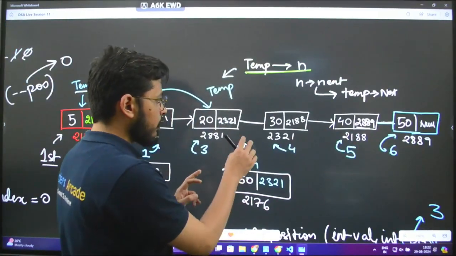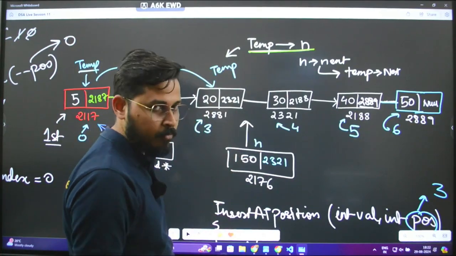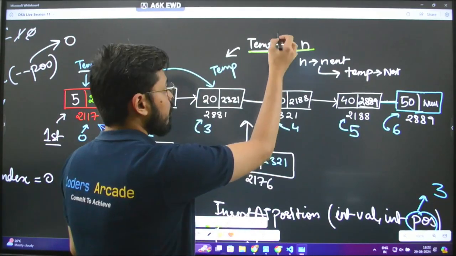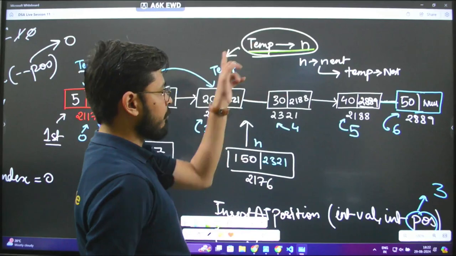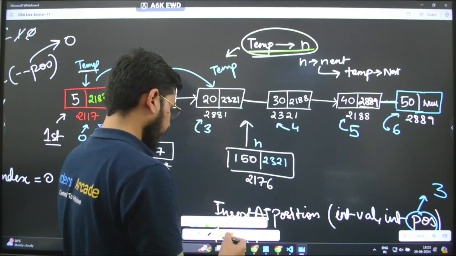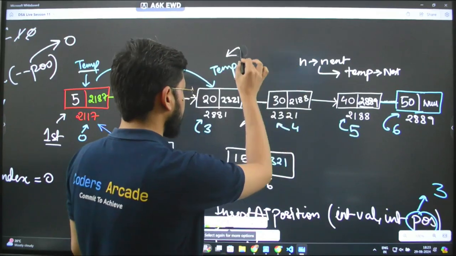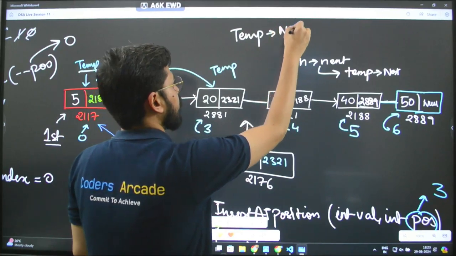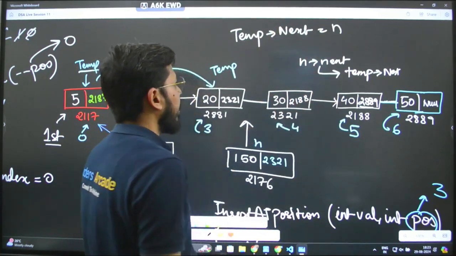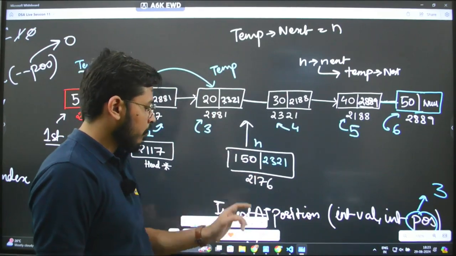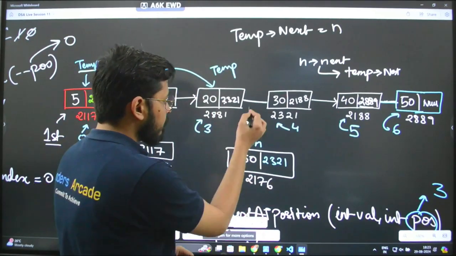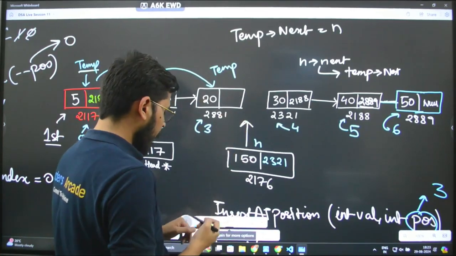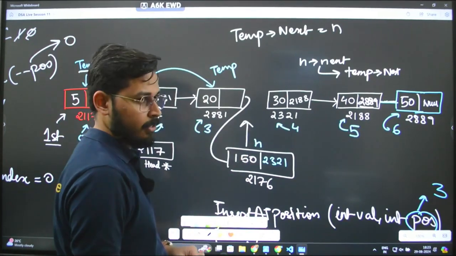Okay, right now temp is pointing towards there, absolutely fine. But then if you said temp of next points towards n, what will happen is that this will get broken and this will get deleted, and this will get connected.